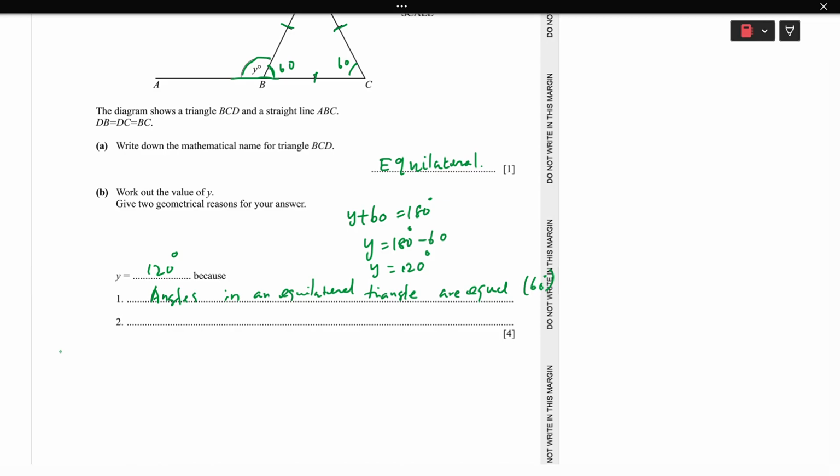Okay, so the second rule we used is a straight line. So angles in a straight line add to 180 degree. Okay, so we use both the rules.